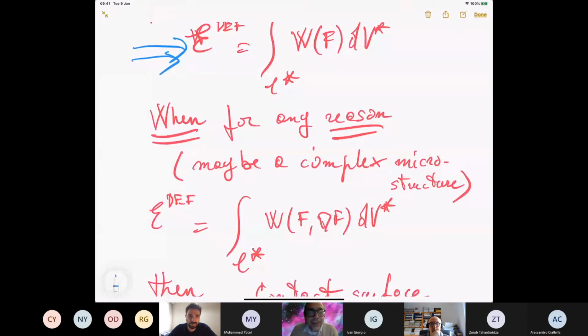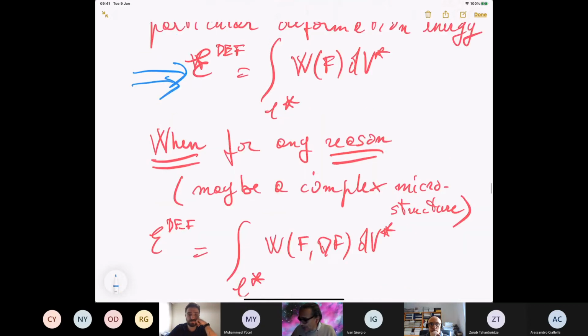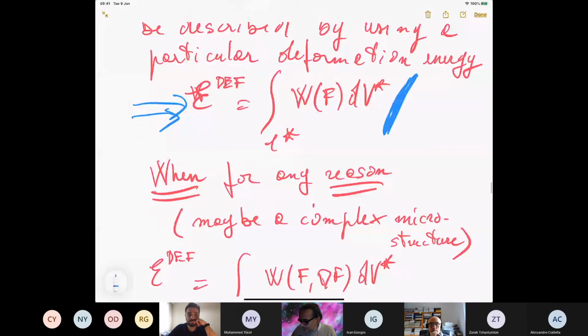So it can happen, and Erden, Ivan, and Alessandro know it very well, that my research in the last years is dedicated to find one example of material for which this deformation energy is not suitable.